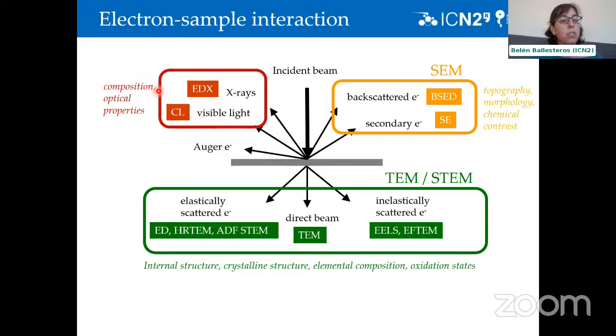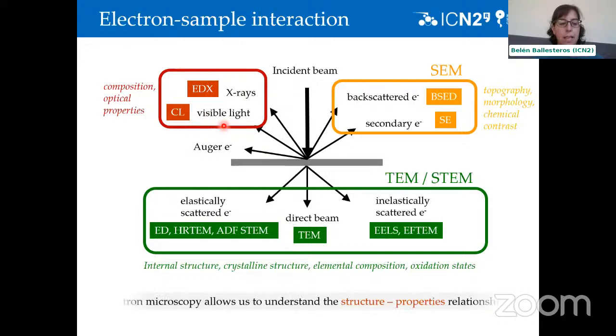And we will have information on composition and optical properties. So these signals here, you can get them both in an SEM or in a TEM. So in summary, electron microscopy will give us a lot of information that allows us to understand the structure-property relationship in our samples.